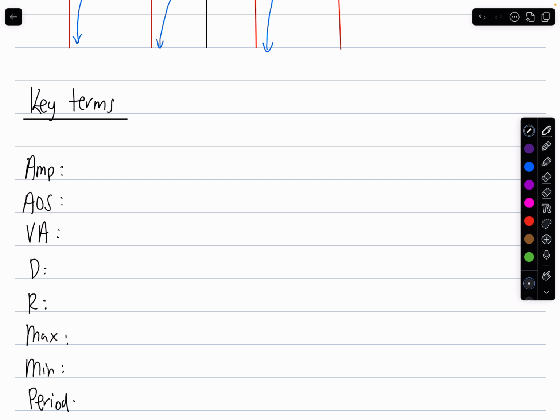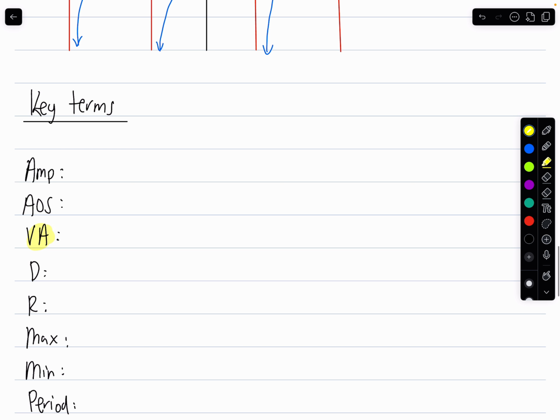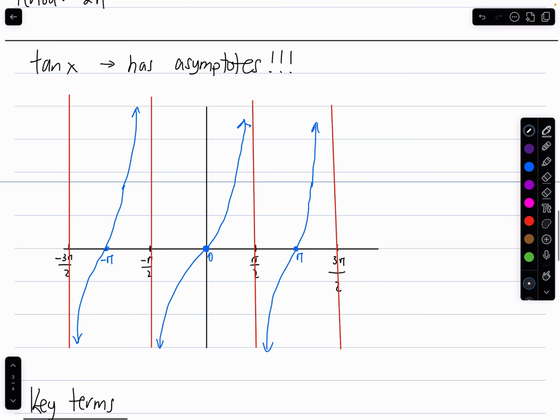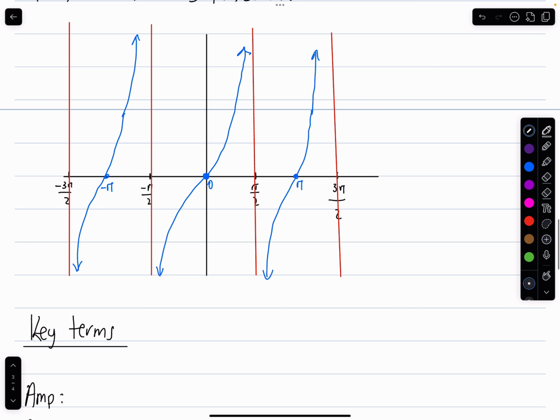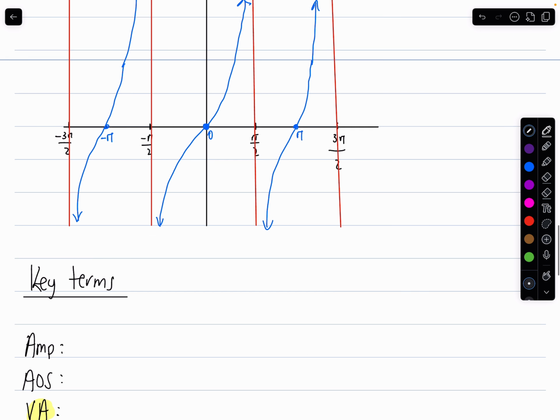The only extra thing we need to know is the vertical asymptote. Now here's the thing: the amplitude is actually undefined, because this graph goes forever up and forever down, so we don't know what the amplitude is.